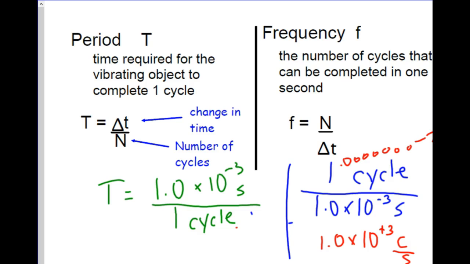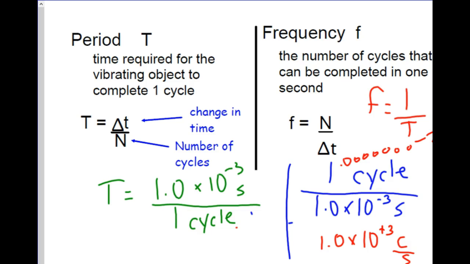To calculate frequency, it is the flipped version of the period, which means that there's a second formula for doing frequency. And that formula is 1 over your period. You just take 1 over your period.